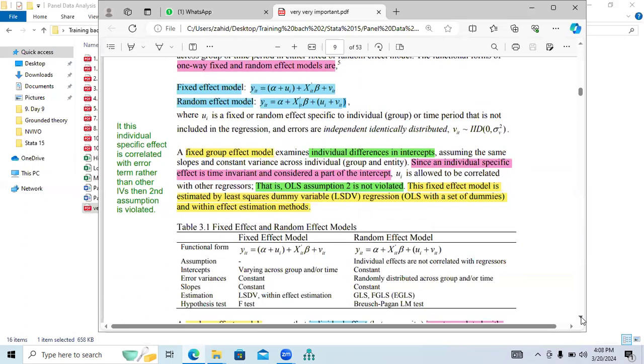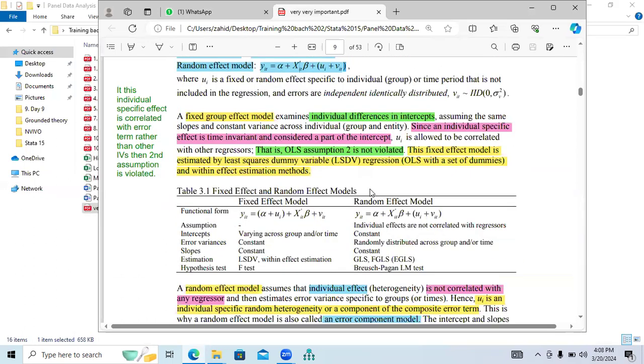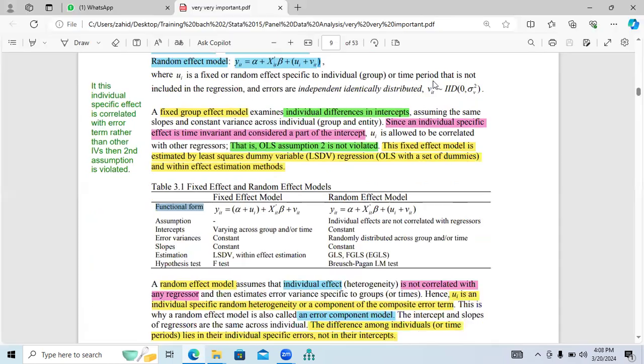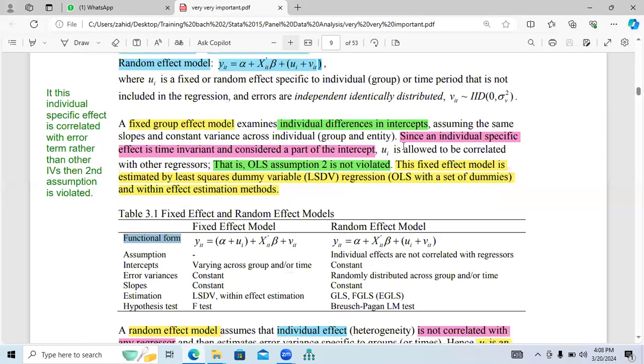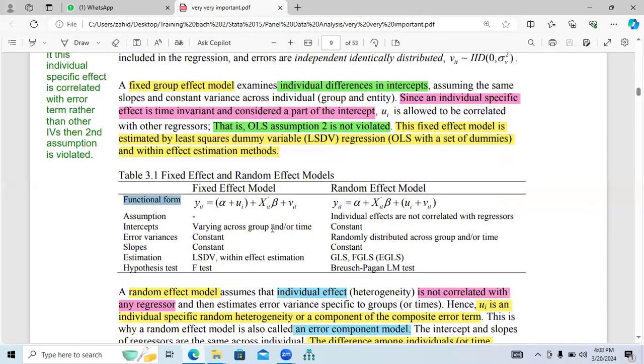There are some further considerations that you need to understand. The first one is the functional form. Whenever you apply the fixed effect model, the basic construction of your model would be Y_it equals A plus U_i.